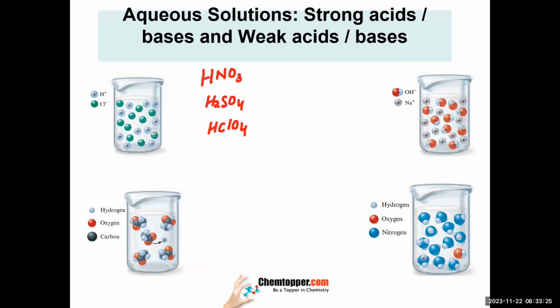I'm going to give it to you again, because for this unit, this polyatomic ion list is very important. If you have not taken out the printout, then please do it. In this list, you can see all the acids also. Please download it. HNO3, H2SO4, HClO4, HClO3. All these are acids.